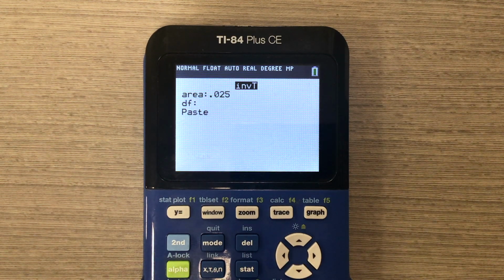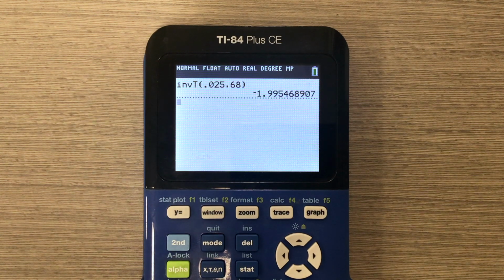And then we can type in our degrees of freedom. 70 helicopters minus 2 gets us 68. And when I hit enter, this will tell me the more accurate t-star value, which is negative, positive, because we're doing plus or minus, doesn't matter, 1.995.